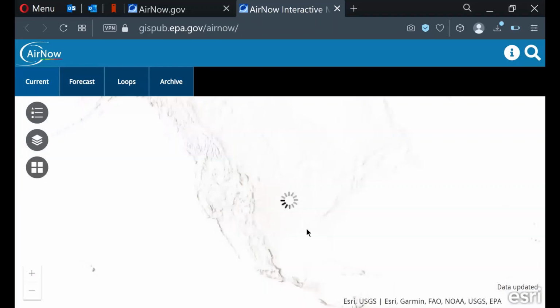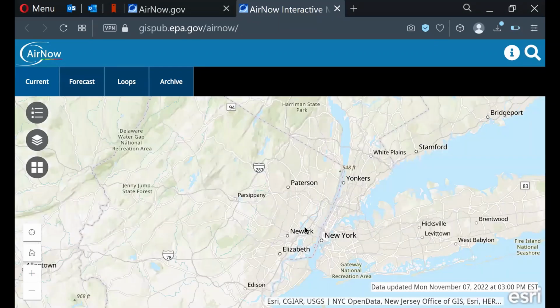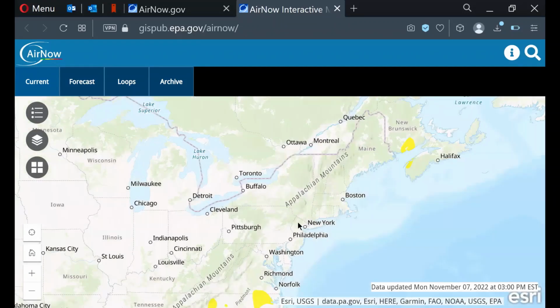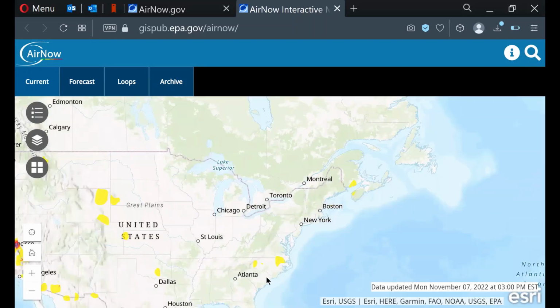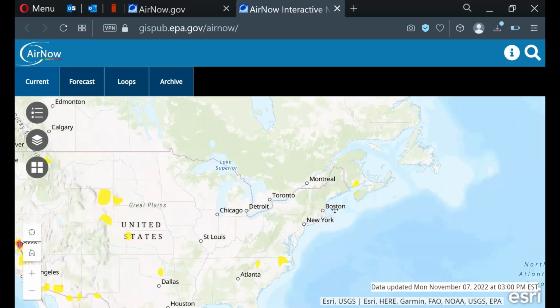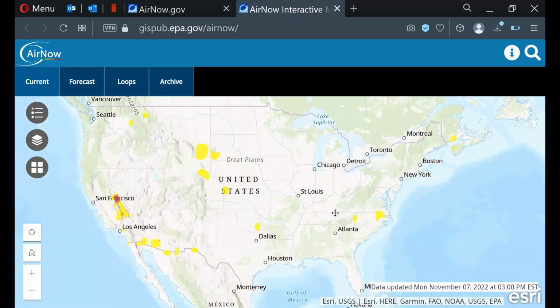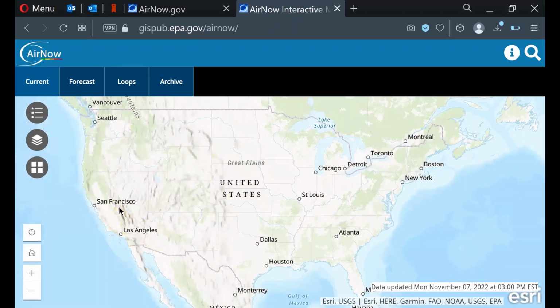You can click on the map. And you do see there are some areas that are moderate. Moderate was yellow.